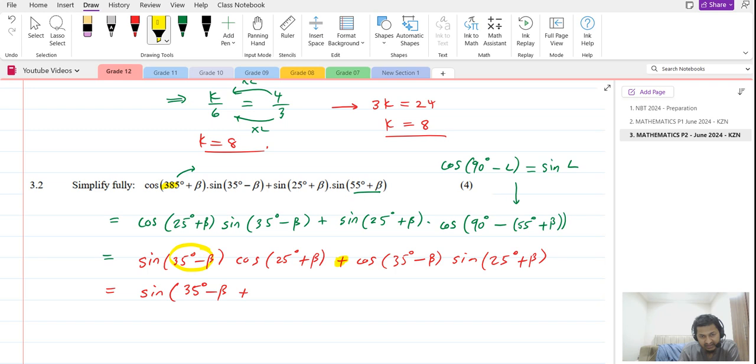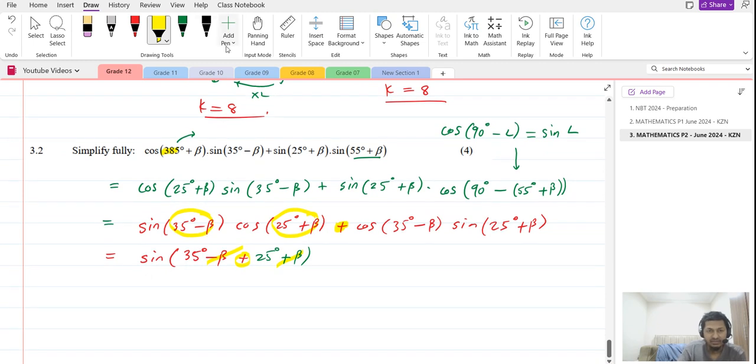This is like your A and that's like your B. So 35 degrees minus beta plus 25 degrees plus beta. What we can see clearly is that minus beta and the plus beta cancel. Remember, this plus here came from the plus above. Now that's the expansion for sine, cos, sine. So we got sine 35 plus 25, we have sine 60.